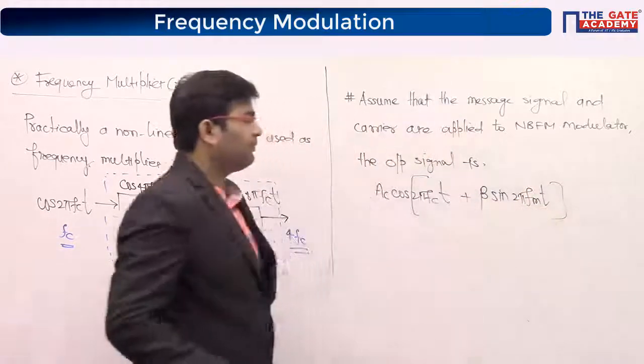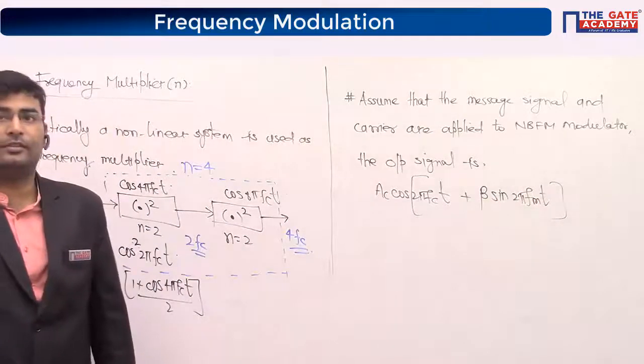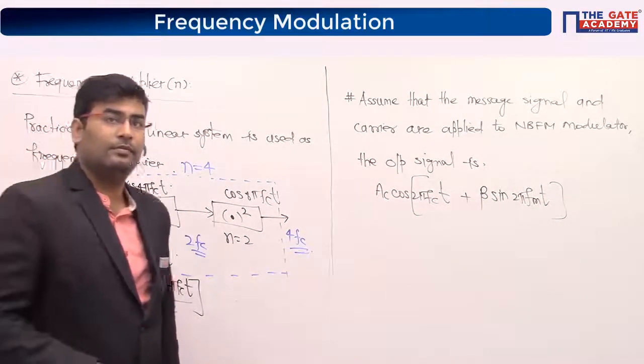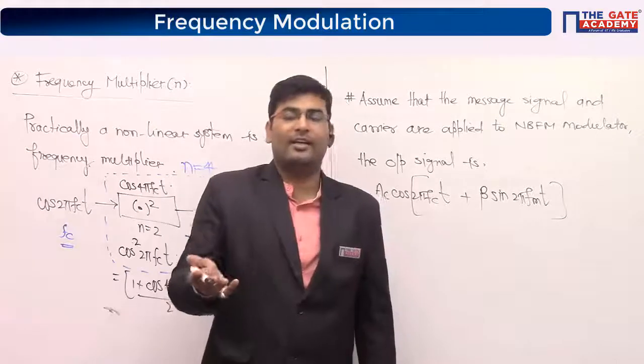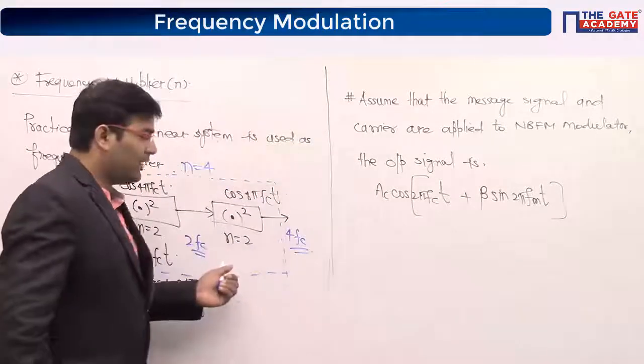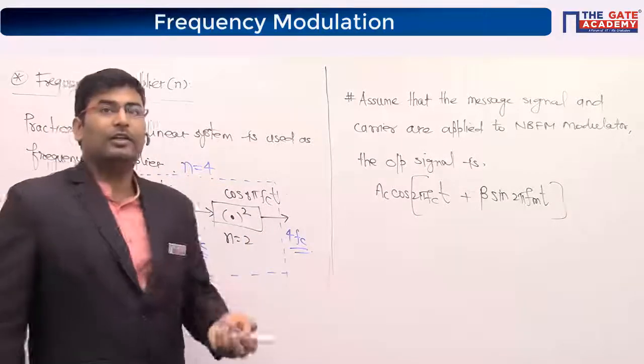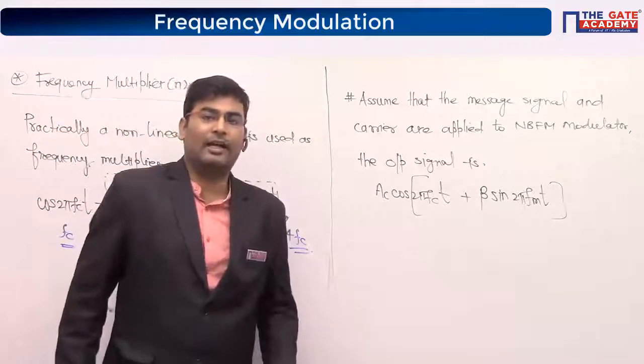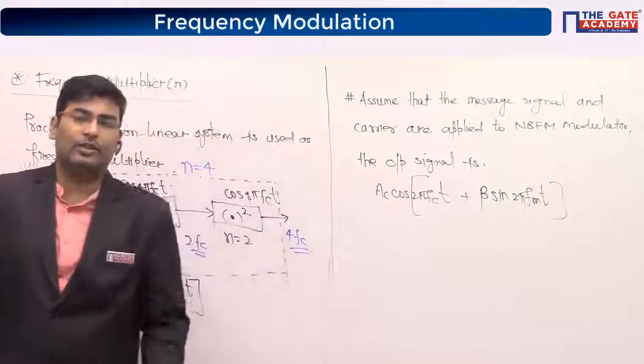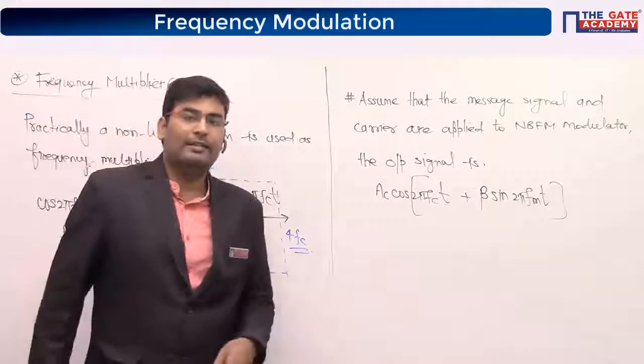You remember that? Our very first equation. So see, you will get different components also, but if you are going to take 4fc, you can use a band pass filter. So it depends on what you want.